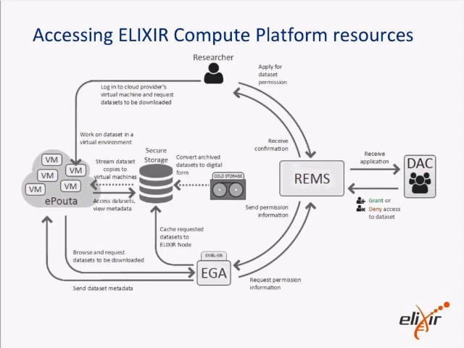And in this case, we've applied it with the EGA, so we've integrated it with the EGA data access control as well. So in this case, the researcher can use REMS to apply access from local biobanks that hold the data in CSC in cold storage, which is in the middle of the picture, or they can apply access to datasets stored in the EGA.